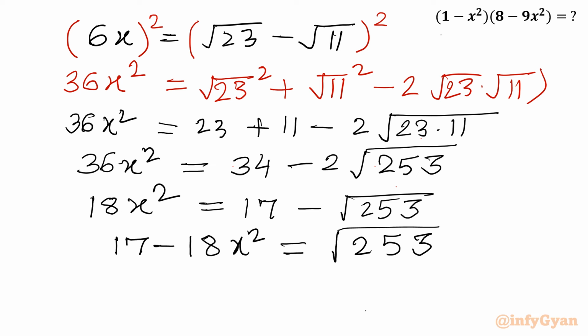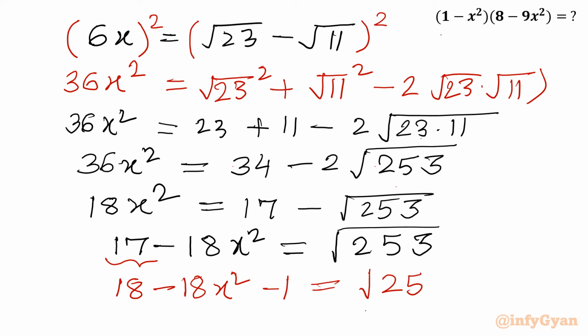Now I will use one manipulation step. I will write this 17 as 18 minus 1. So I will be writing 18 minus 18x square minus 1 equal to square root 253. Now I can take 18 common from the first two terms. So it will become 18 times (1 minus x square).